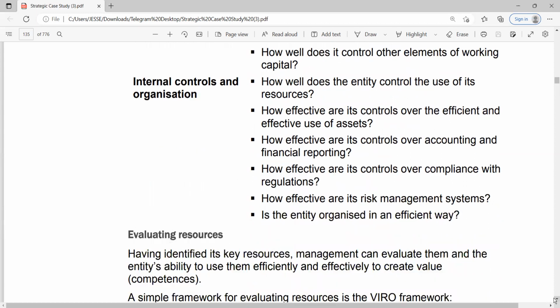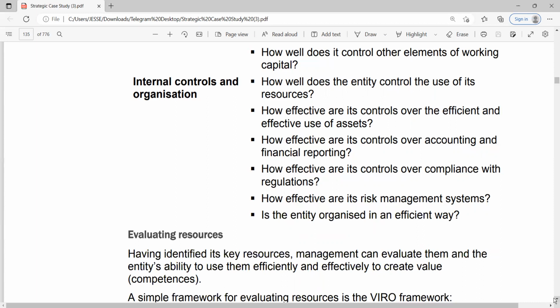Then you have internal controls and organization. Now, someone may ask, why is internal controls and organization a resource? It is a resource because if there are no internal controls or there's lack of proper organization in an entity, it can create a financial mess.